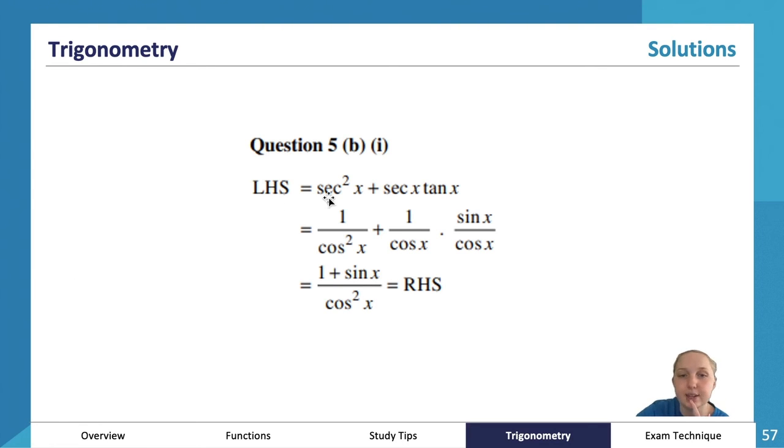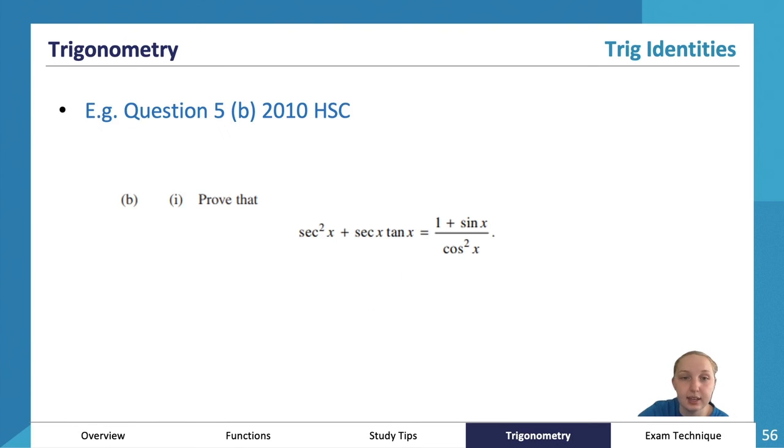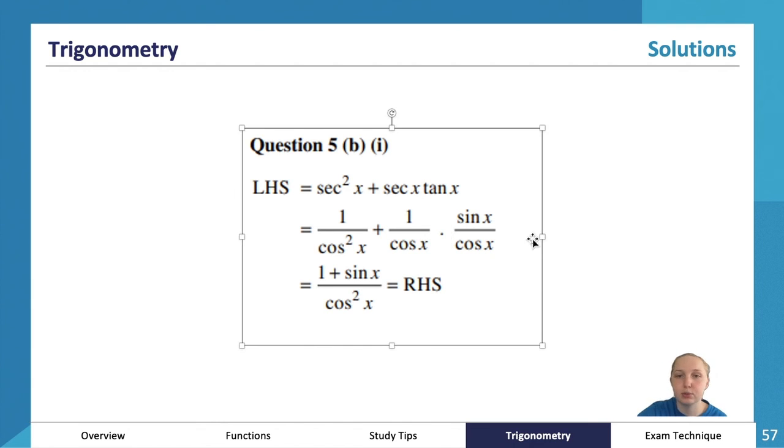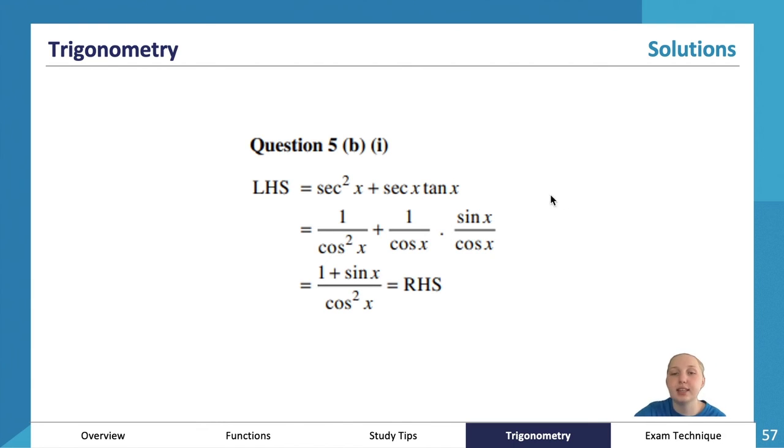So the left-hand side is equal to sec squared x plus sec x tan x. And that's literally what the left-hand side is equal to. We haven't changed anything there. So then sec squared x is the same thing as writing 1 on cos squared x, because sec x is just the reciprocal of the cos. Then we can write sec x as 1 on cos x, and then multiplied by tan x, so this dot represents a multiplication, and then tan x is just sine x on cos x.